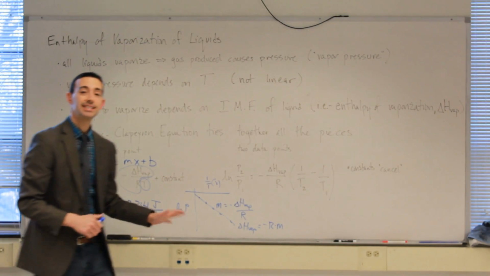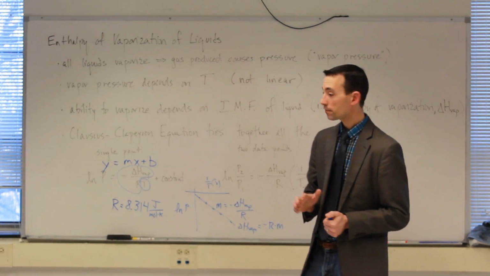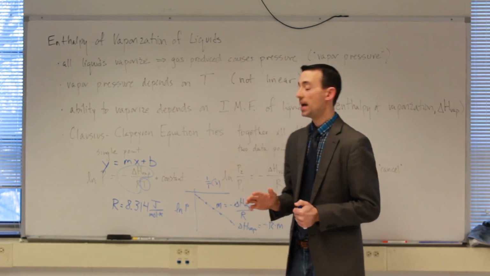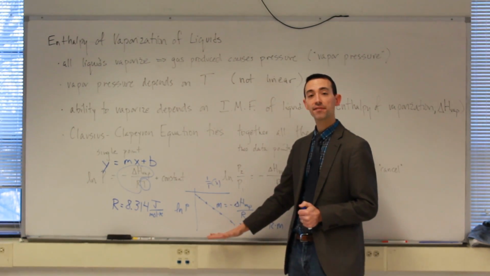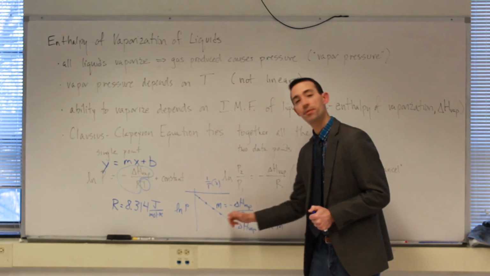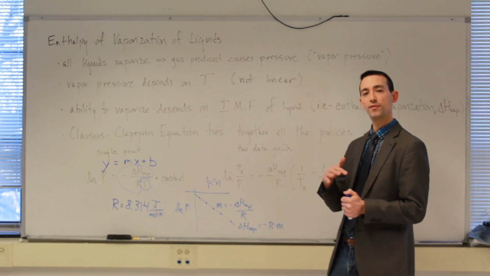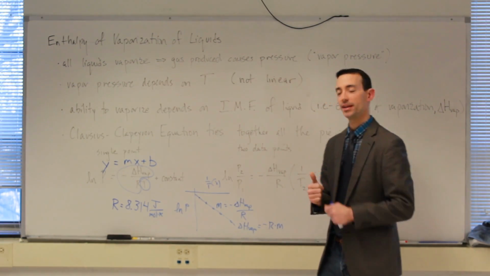So in today's lab, you will be given a set of vapor pressure data, and you will make this graph using Excel, and then you will calculate the enthalpy of vaporization. And then we're sort of going to do an inside out here.